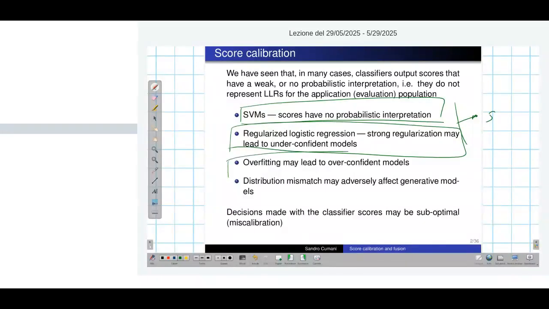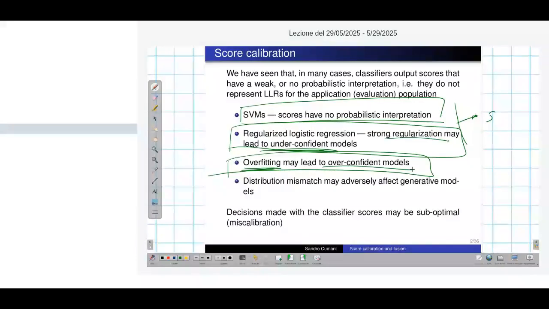Then we have seen models that try to provide probabilistic values, so probabilities of classes. Even if they are optimized on a training set by reasonable criteria like maximum likelihood, which typically provide, if we have enough samples, scores that are well calibrated, even in this case we may have overfitting, which leads, we have seen, to models that are overconfident.